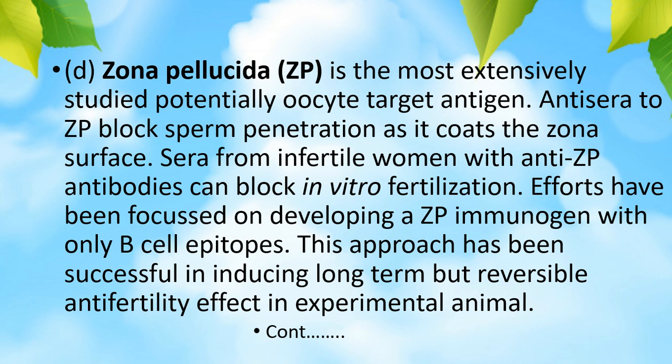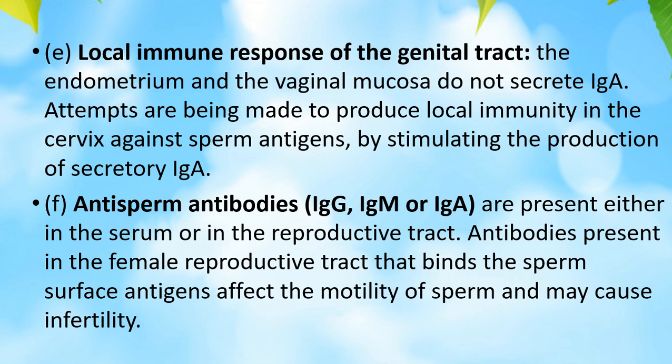Sera from infertile women with anti-ZP antibodies can block in vitro fertilization, and efforts have been focused on developing a zona pellucida immunogen with only B cell epitopes, so there can be no rejection. This approach has been successful in inducing long-term but reversible anti-fertility effects, only done in experimental animals.